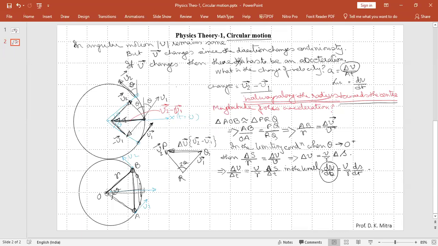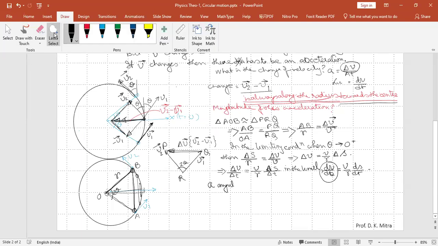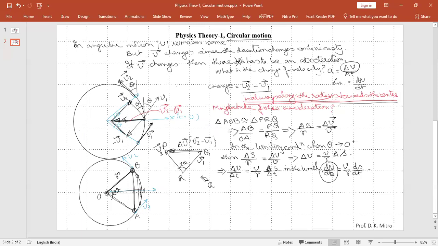It is acceleration, not angular acceleration. Angular acceleration is alpha.